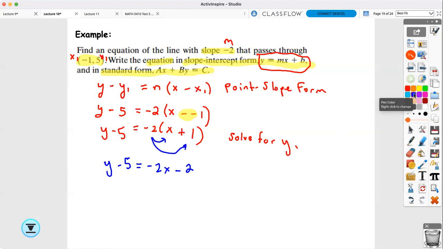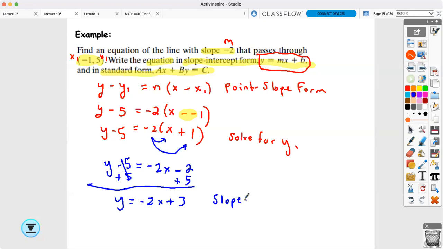Yes. Now we have to get y by itself. So we add 5. So then we get y equals -2x plus 3. And voila, right there, that is our slope intercept form. So that's one of the answers.